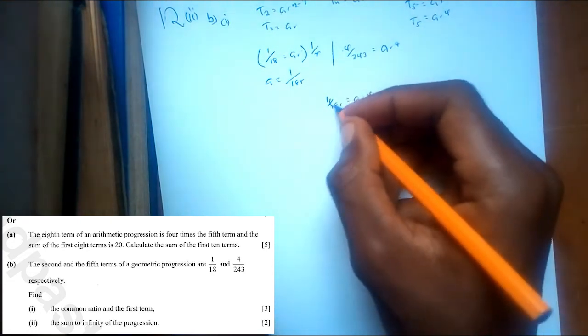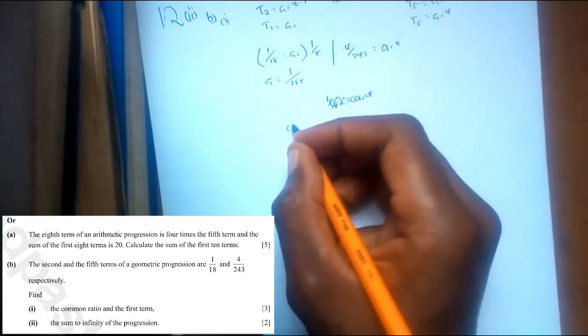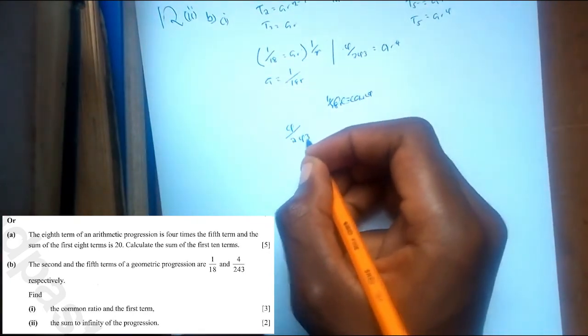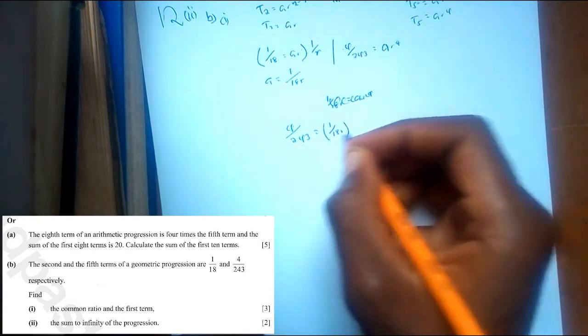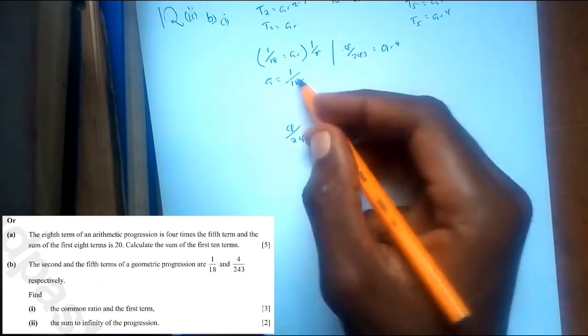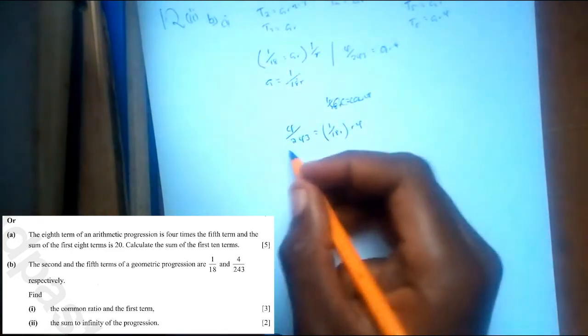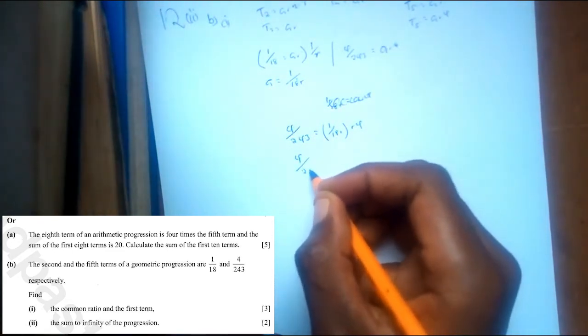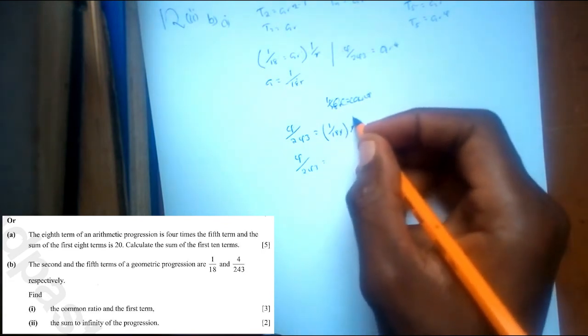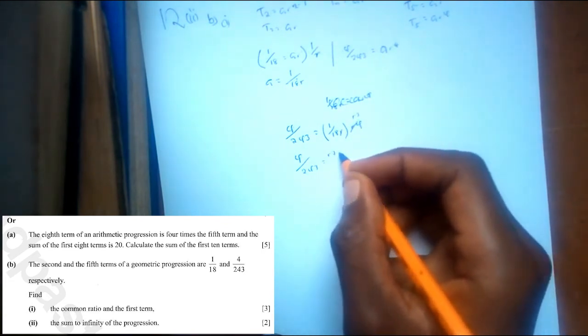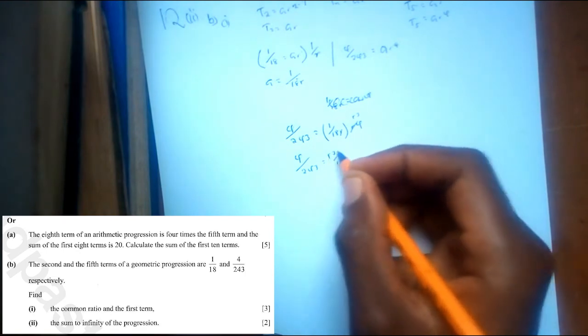So that will be 4 over 243 is equal to 1 over 18r times r to the power 4. We put this where is a. Okay, so 4 over 243 is equal to this and this, that will be r cubed. So r cubed over 18.